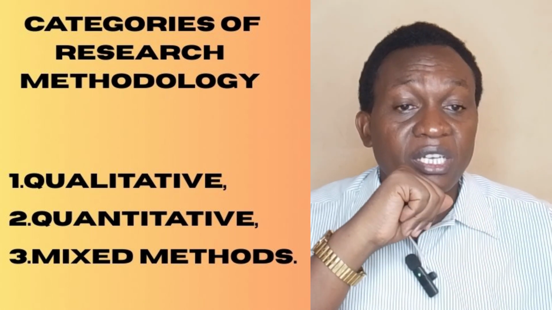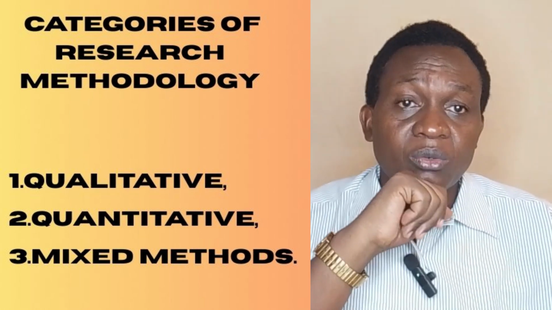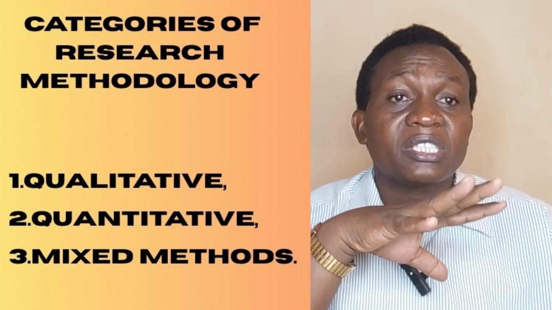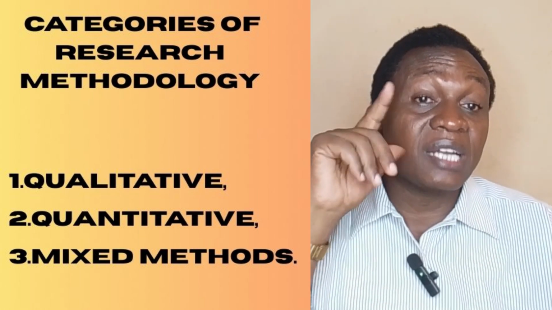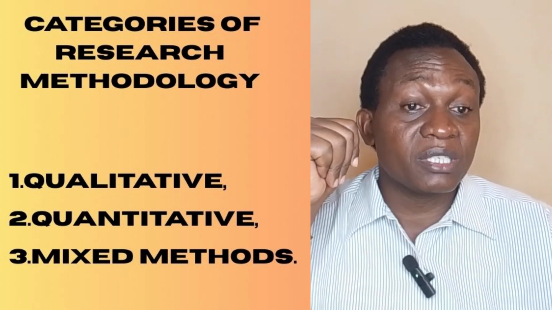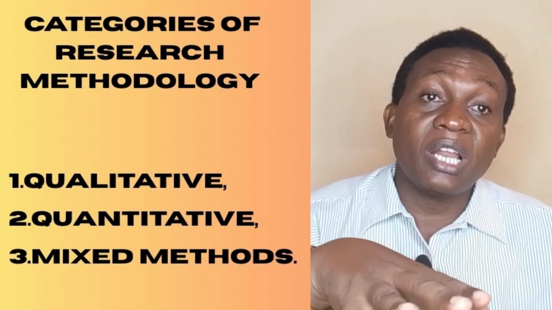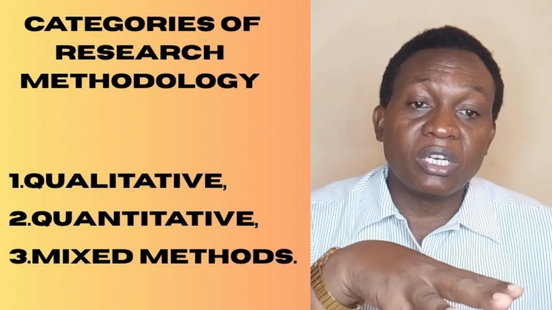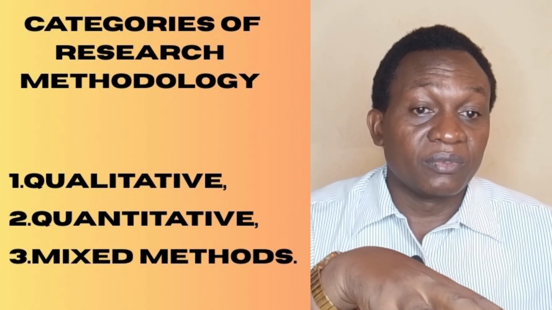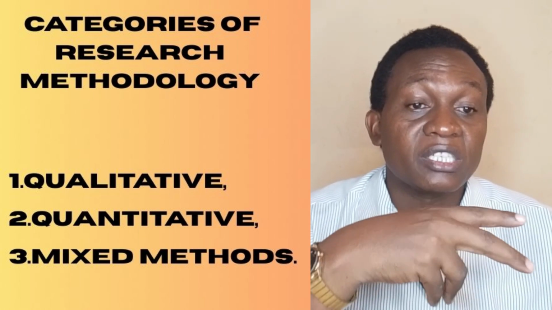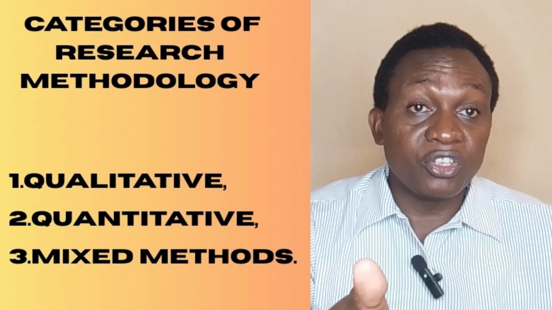So let us see what a qualitative research is. A qualitative research is more focused on understanding beliefs, concepts, and thoughts, and it tends to lie more on interviews, library reviews, and exploration of theory.